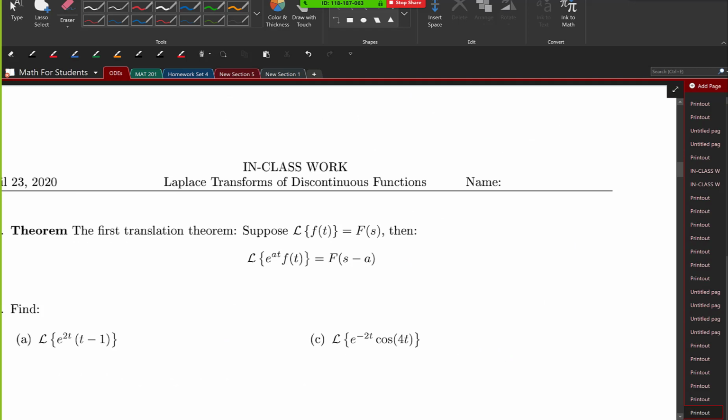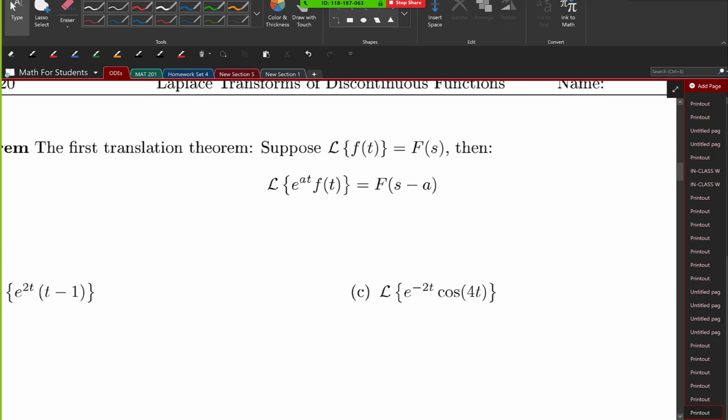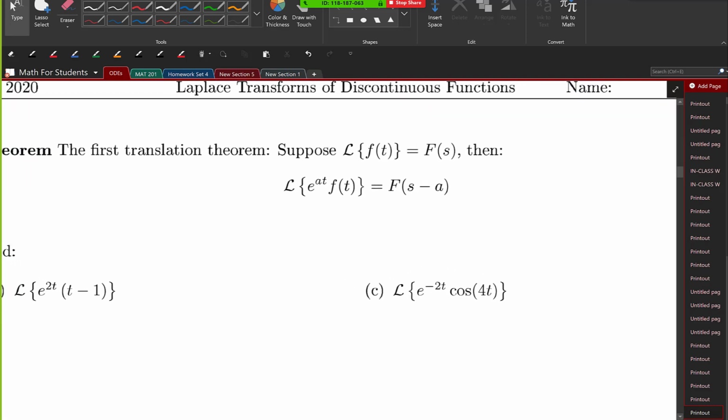So we looked at this translation theorem last time, and I derived it for you. This is our first translation theorem, and it says if you already know how to do the Laplace transform of f of t, then when you multiply f of t in t space by e to the at, that shifts the Laplace transform in s space a units to the right, if we think of a as being a real number.